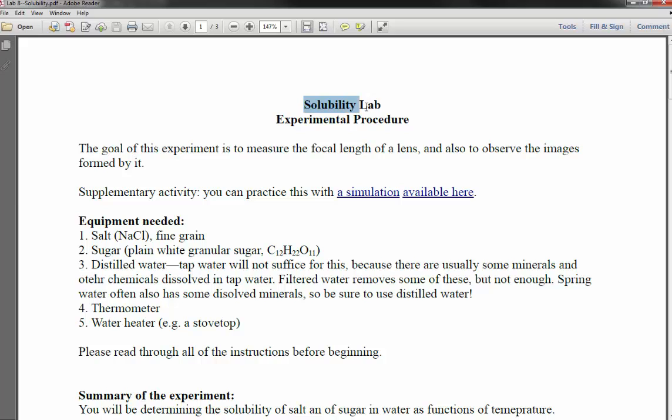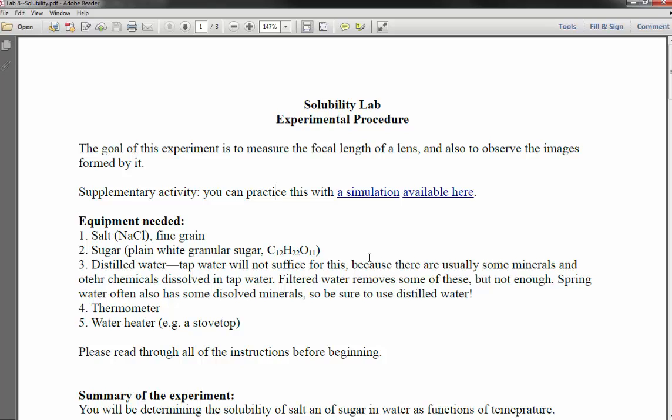We're looking at our solubility lab, and there are in fact two different simulations that you can make use of. A word of caution here, a couple words of caution. The simulation is not exactly like the lab that you're going to be doing. Here are a couple of differences.